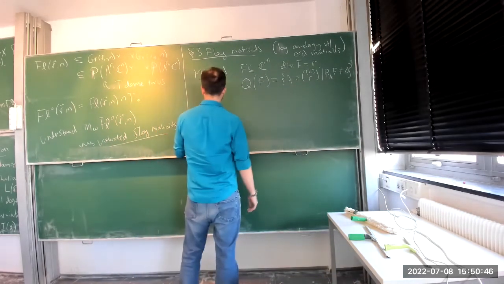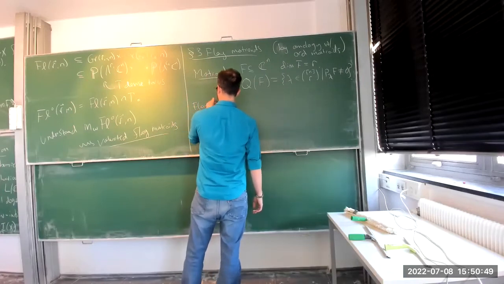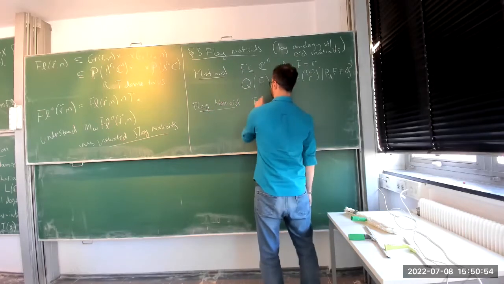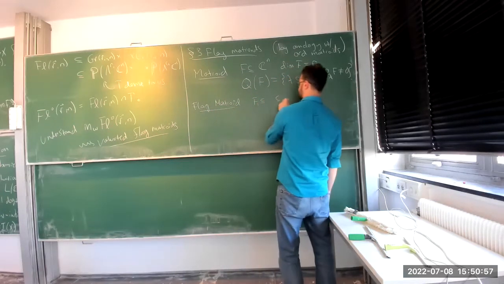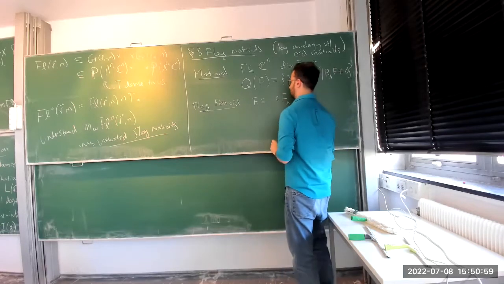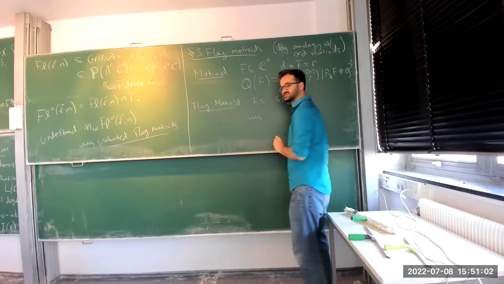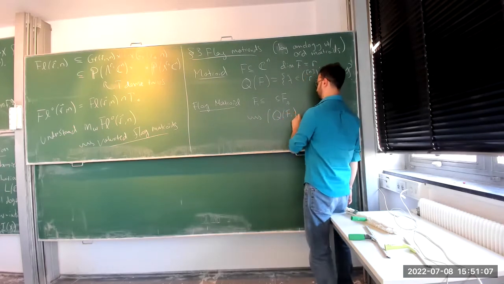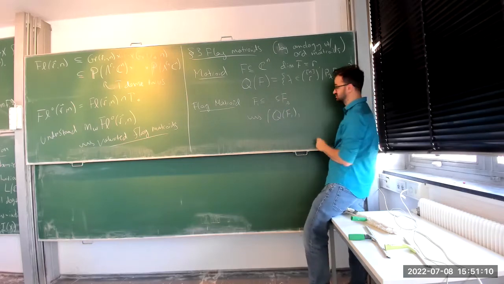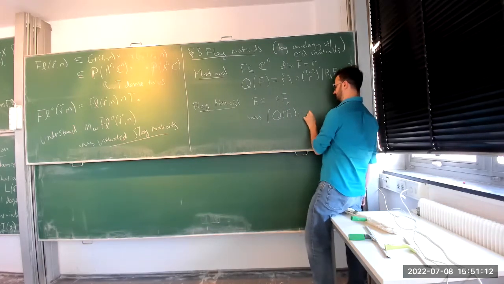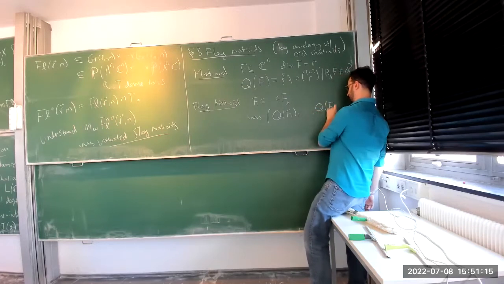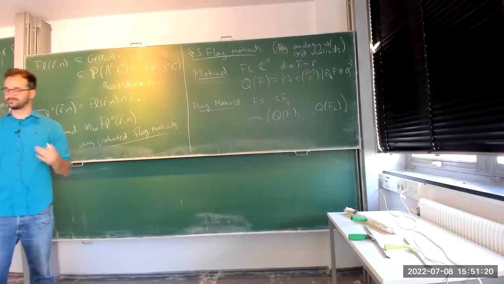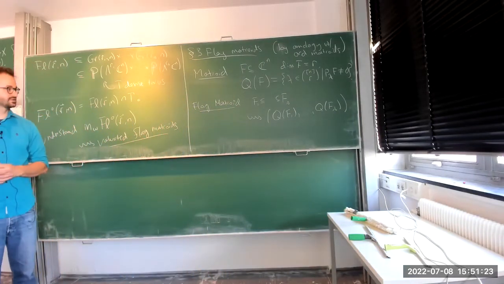Similarly, if you have a flag of subspaces, then you can form its flag matroid, and it's just going to be the sequence of the matroids corresponding to the constituents. There is an abstract definition of what a flag matroid is for arbitrary matroids.